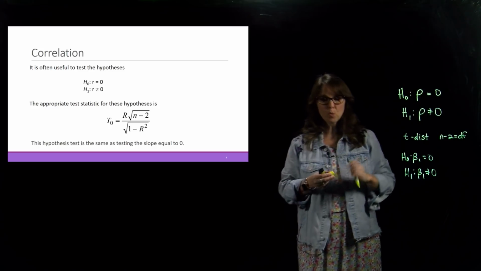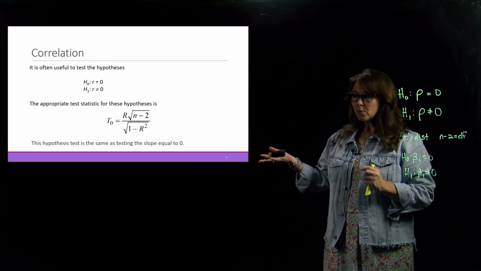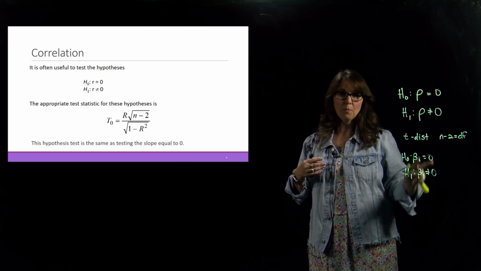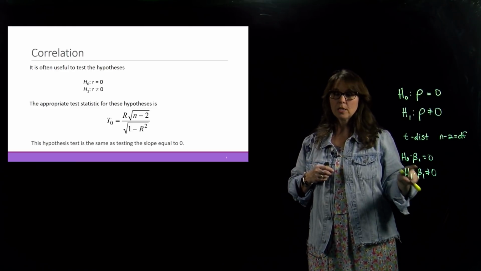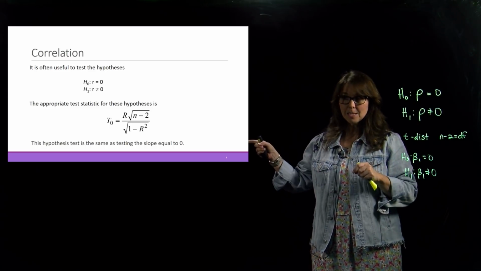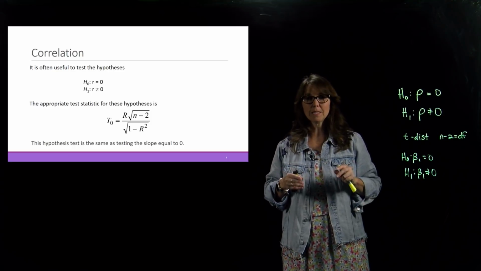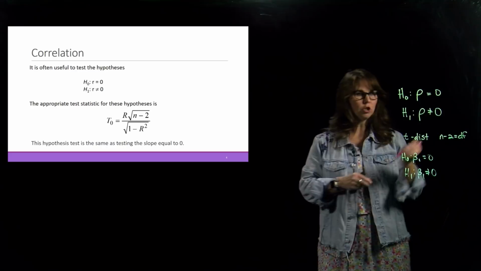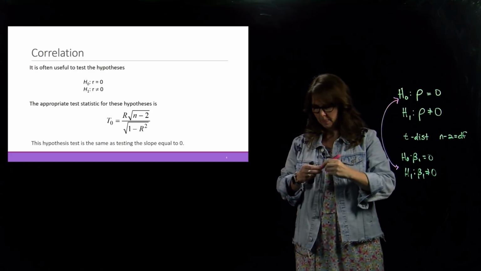And so that's pretty important because what that means is you could go and do this one, and that's fine. Or you can grab the regression output out of R or whatever package you're using and use the hypothesis test for slope, because what it produces is the same t value and the same p value. So both of those are going to be the same. So I wanted to make sure that you knew that and you understood that. So we can use either one here.